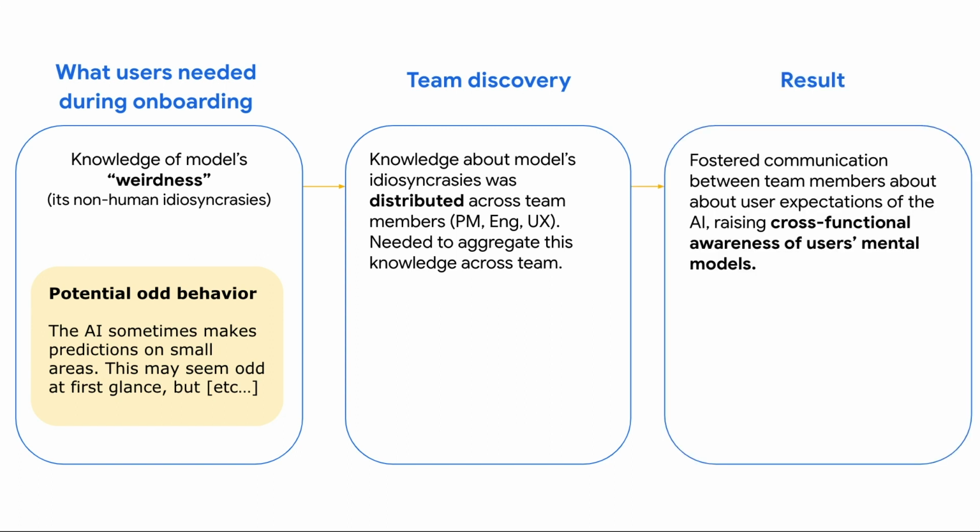As a result, we aggregated this knowledge across team members and explained those odd behaviors during onboarding. This process of collecting that information actually fostered communication between team members about the differences between AI versus human ways of thinking, and led to a better group understanding of user expectations.